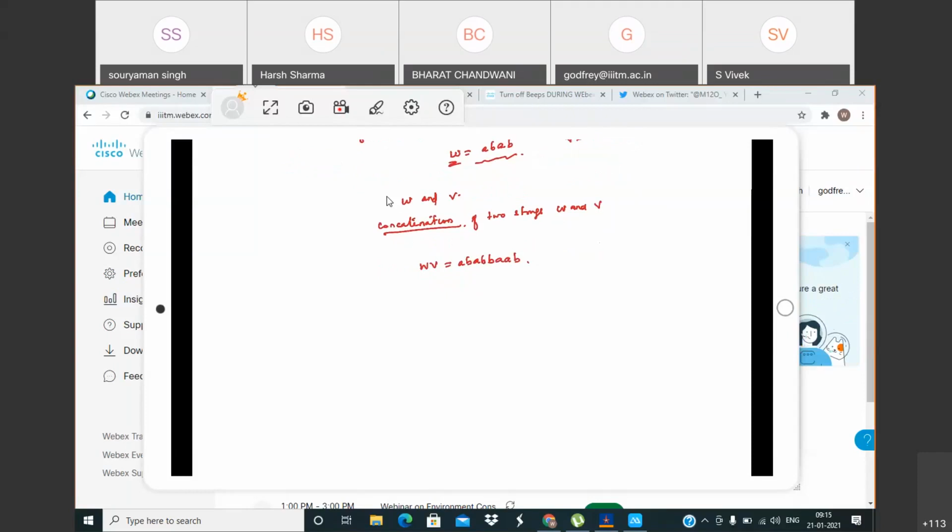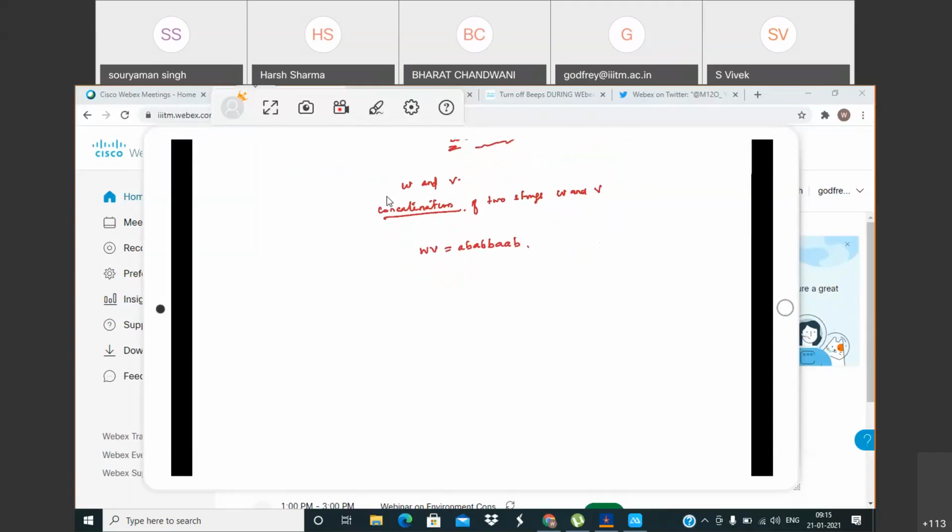If there is a string W equal to A1, A2 up till AN, and V equal to B1, B2 up till BM, then WV, the concatenation of these two strings, is going to be A1, A2 up till AN, B1 up till BM.